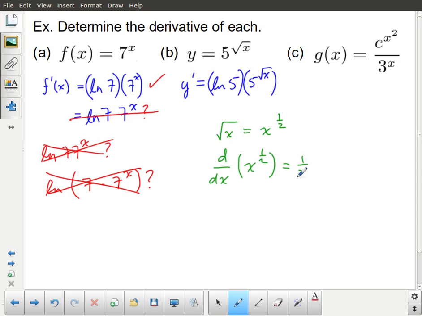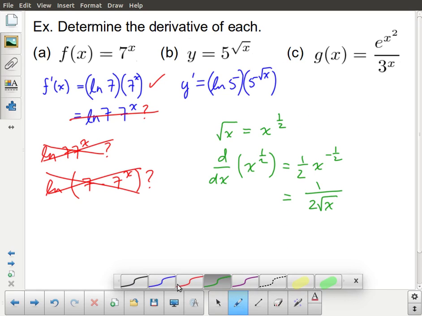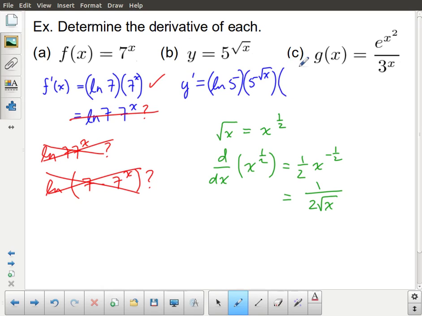That's equal to 1/2 x to the negative 1/2, which is equal to 1 over 2 square root x. So now I can take this result and I can put that right here, 1 over 2 square root x.